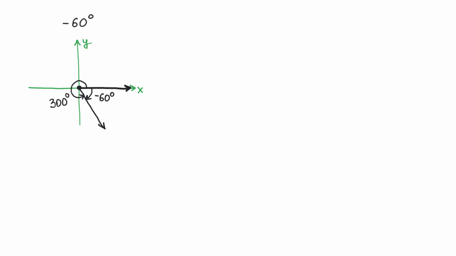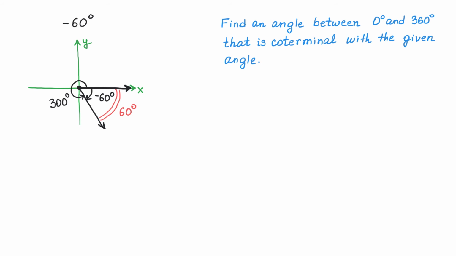Also, from this drawing, we can tell that the reference angle is this acute angle formed by the terminal side and the x-axis. The measure of this reference angle is 60 degrees. Now, let's see what would be another way to find this reference angle. First, we need to find an angle between 0 and 360 degrees that is coterminal with the given angle. In this case, to find the angle, we will add 360 degrees. Then the result here will be 300, and again, this is an angle between 0 and 360 degrees.